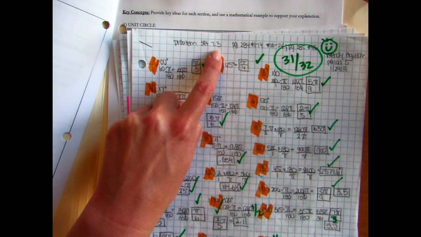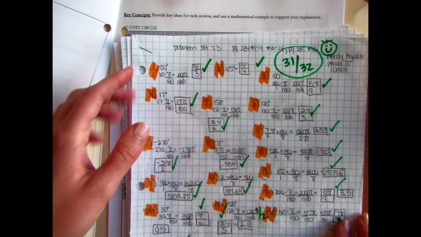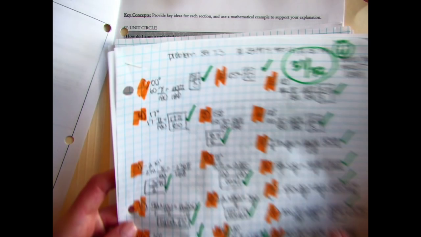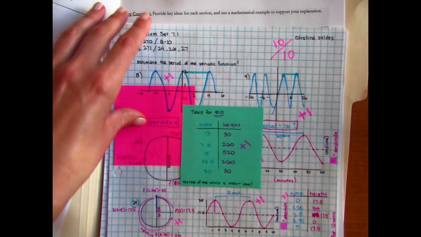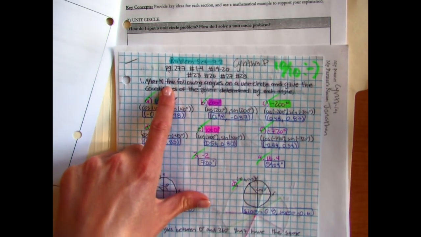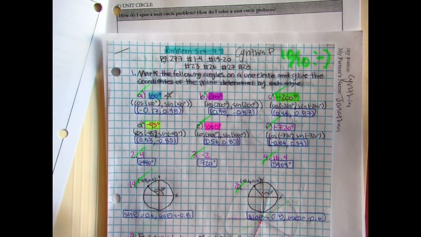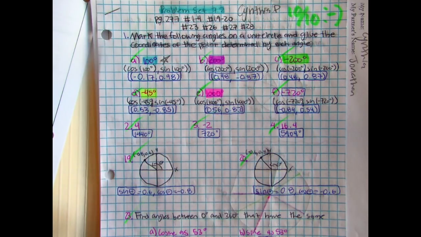Okay, and then I also see here I have mark the following angles on the unit circle. So I have a few. I'm going to go for the Unit 3 assessment. So I'm just going to go with this, and let me highlight this.